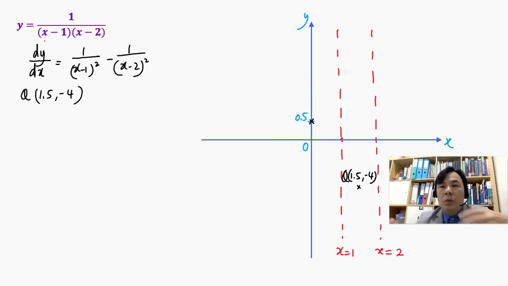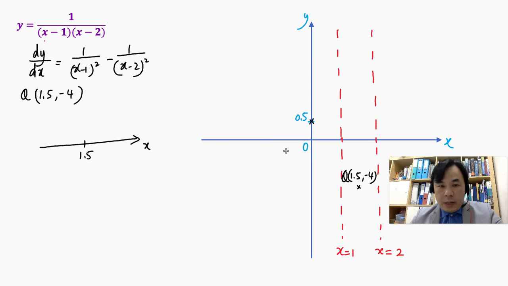Now, in order to determine the nature of this point, all I need to do is just get a line graph, and then this represents the x. I just need to put 1.5 here because 1.5 is the critical point. Now what I need to do now is to check for any value.